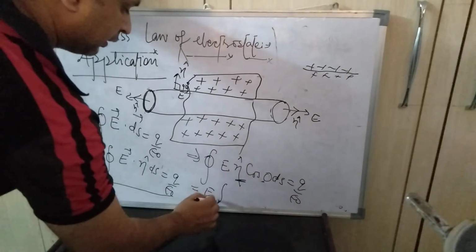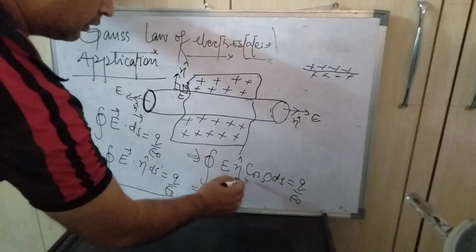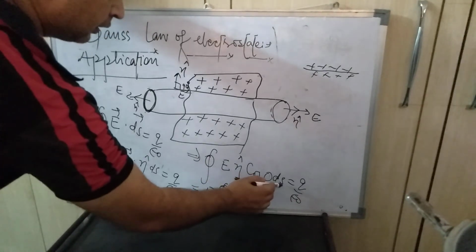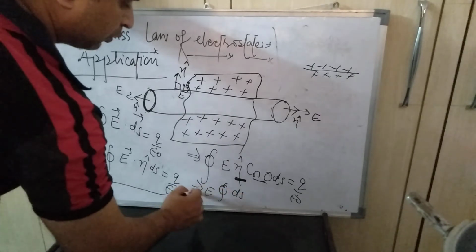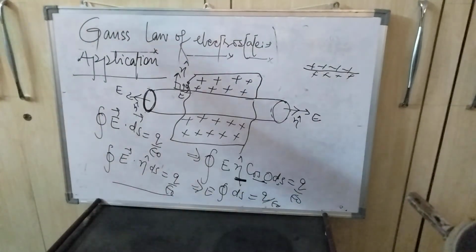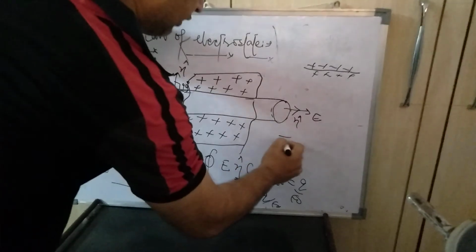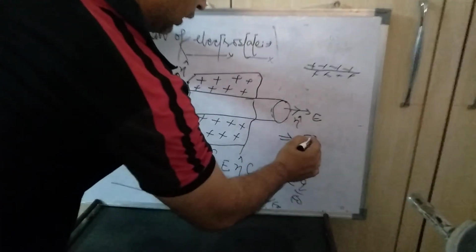That becomes the integration of, and the magnitude of n will also be 1. Then ds will remain here, and it equals Q by epsilon naught. Now it implies that it is E times the overall surface.